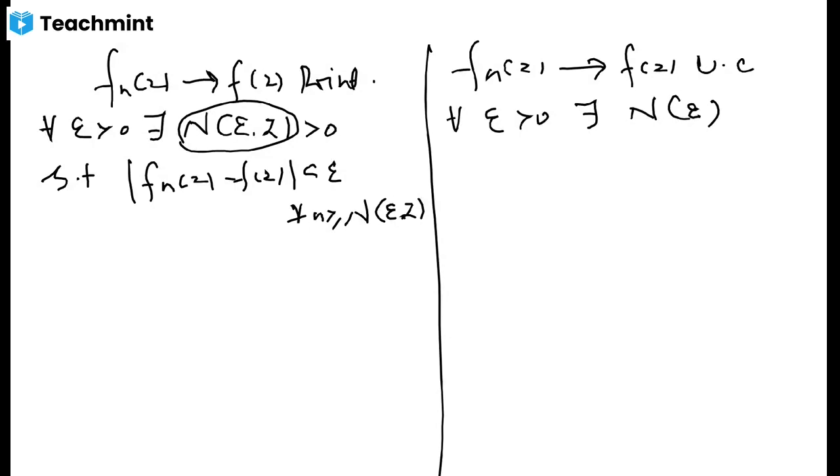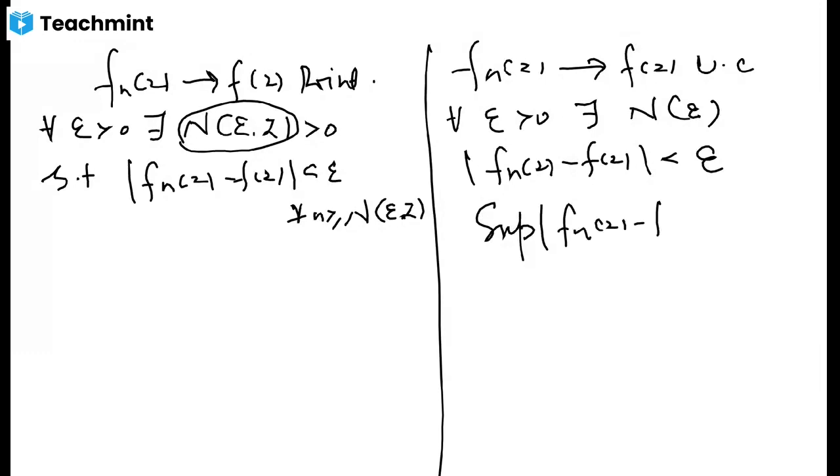You can take any z in the domain where the function is defined, and then you have this inequality less than epsilon. Since z has no relevance, this N doesn't depend upon z. So I can write that the supremum of |f_n(z) minus f(z)|, because this is true for every z, is less than or equal to epsilon.